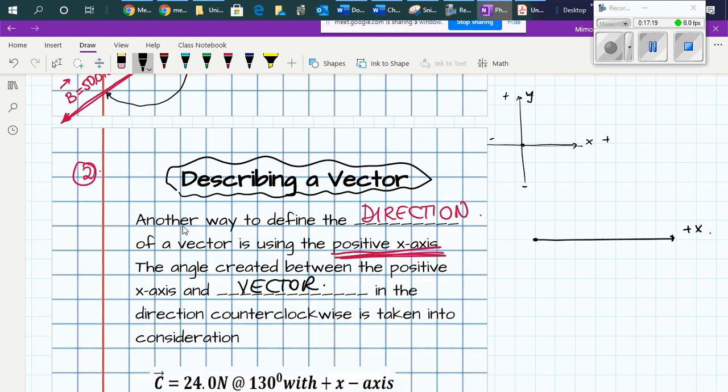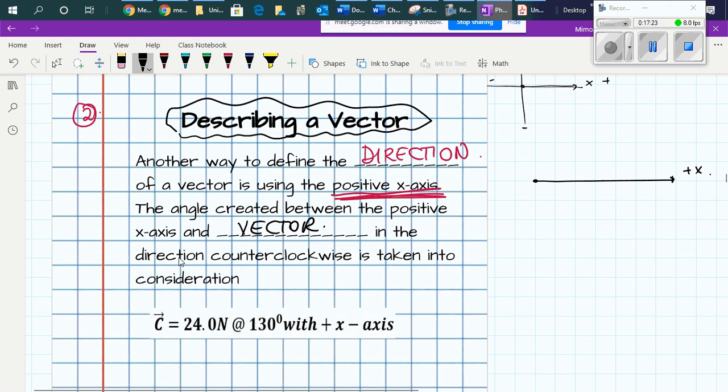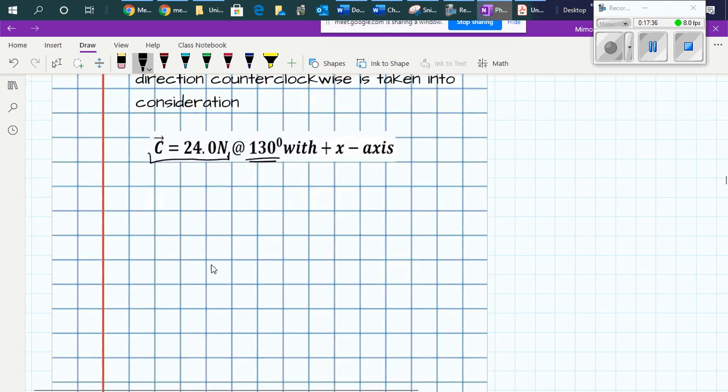So if we have a situation where we have a vector C with a magnitude of 24 newtons at 130 degrees with the positive x-axis, that means the way that we will represent this will be something like this. This is the positive x-axis.